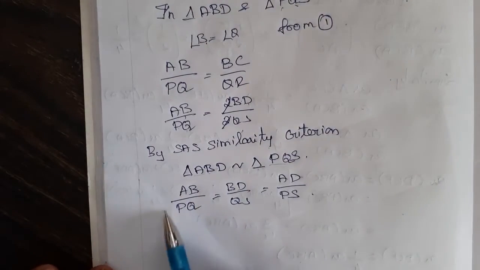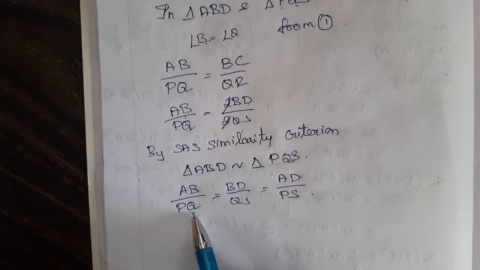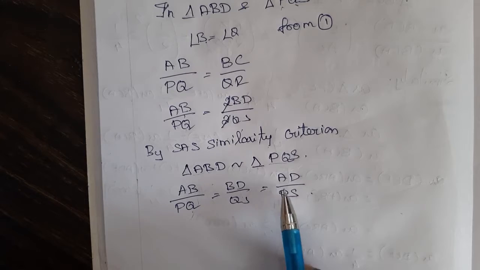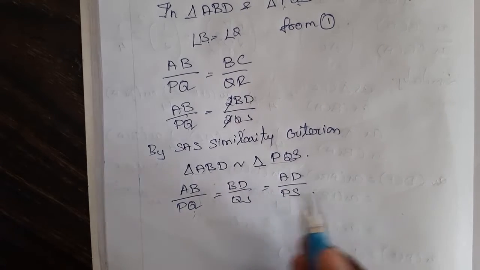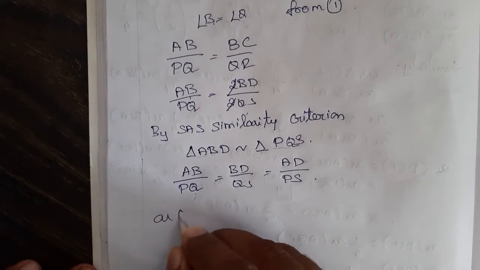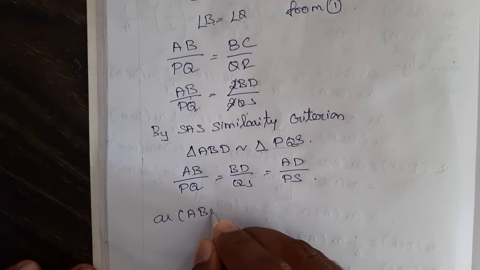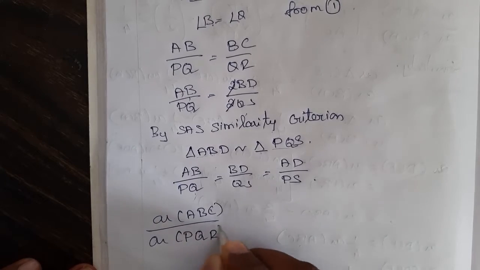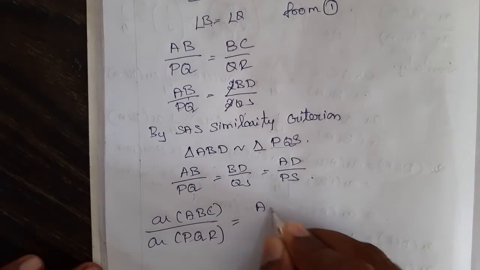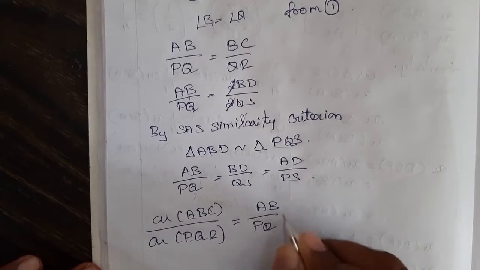Since we know that the ratio of the areas of the triangles is AB by PQ the whole square, and here we have proved that the ratio of the medians is AD by PS, right? So area of ABC by area of PQR is AB by PQ the whole square.